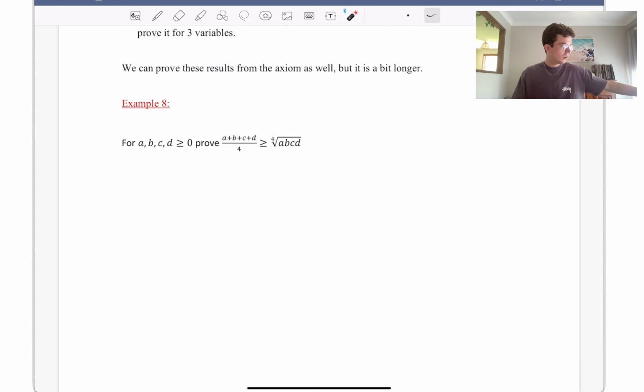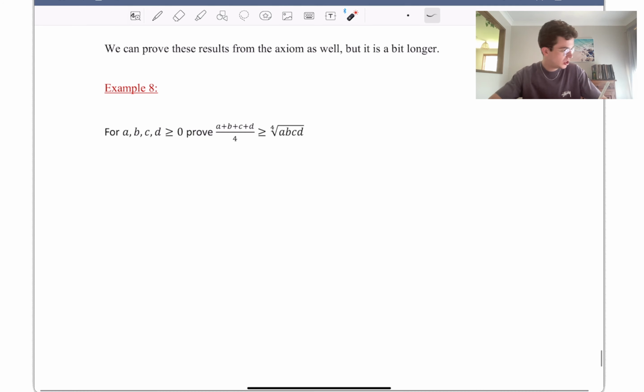Okay, so first of all, we're going to prove that a plus b plus c plus d on 4 is greater than or equal to the 4th root of abcd. The best solution for this is to substitute the arithmetic mean for the first two variables and the last two variables into the inequality.